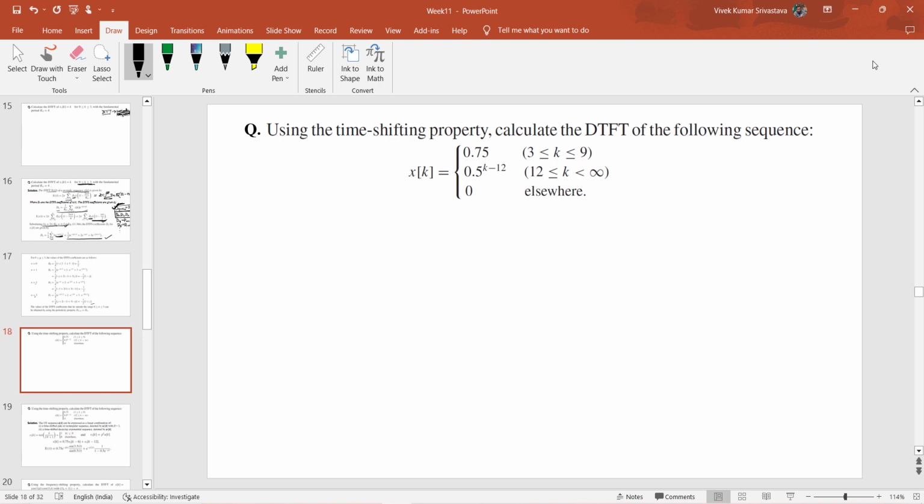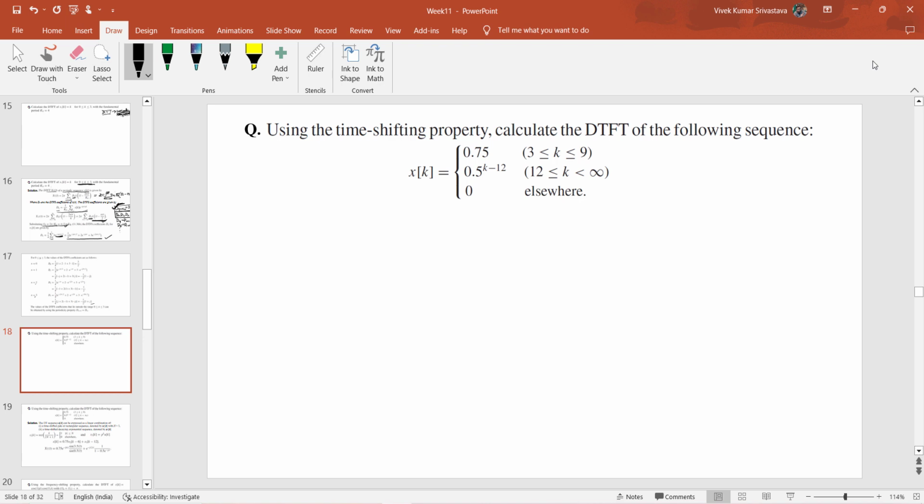The first sequence is the rectangular pulse, defined within the interval of 3 to 9, whereas the second sequence is an exponentially decaying signal, and it starts from 12 and goes up to infinity.